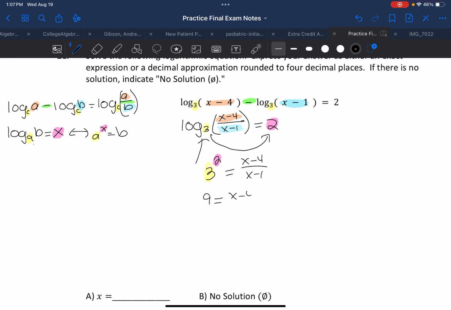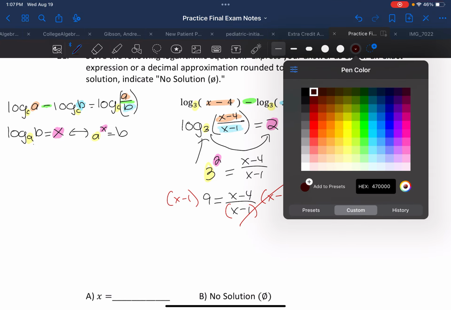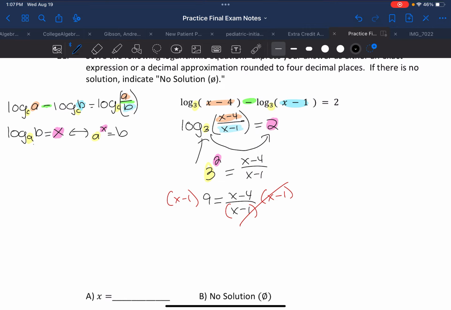And to continue solving, I need to get rid of that fraction so I can multiply both sides by that denominator. And it'll cancel here. And then on the left side, I'm going to distribute that 9. So that'll give me 9x minus 9 equals x minus 4.